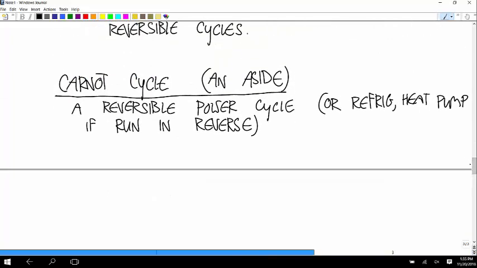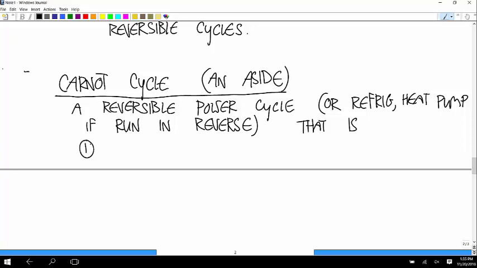And the reason people study this one: why would we bother studying this? Well, the first reason is that it's a relatively easy reversible cycle to analyze.